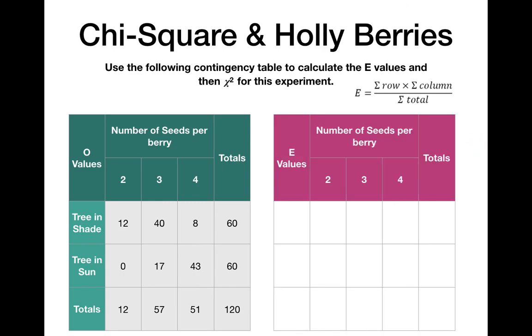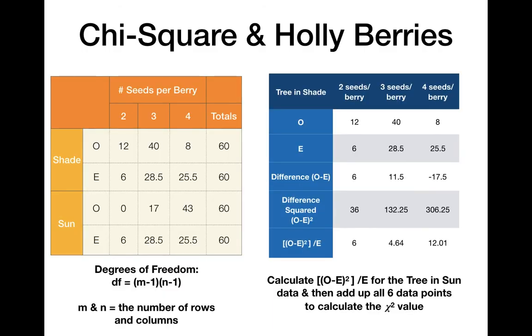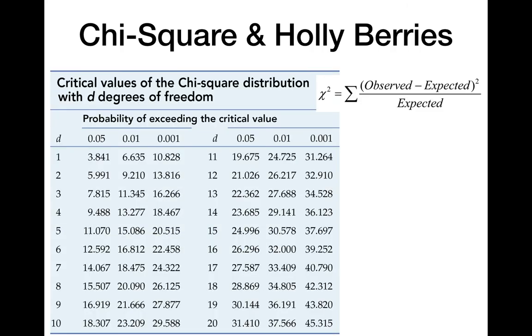If I go back, yes, 2 rows and 3 columns. So if I have 2 rows, 2 minus 1 is 1, and 3 minus 1 is 2, so 1 times 2, I've got 2 degrees of freedom. So our chi-square value is 45.3. We have 2 degrees of freedom.